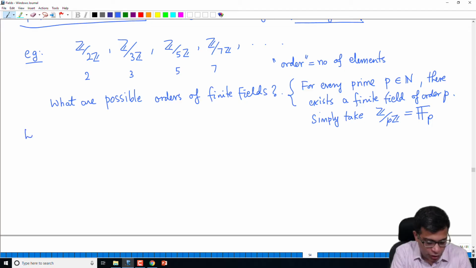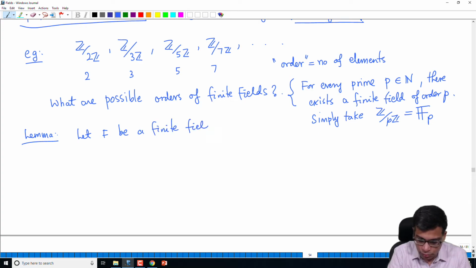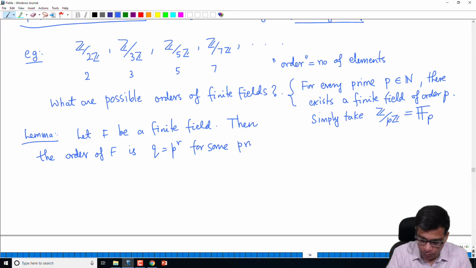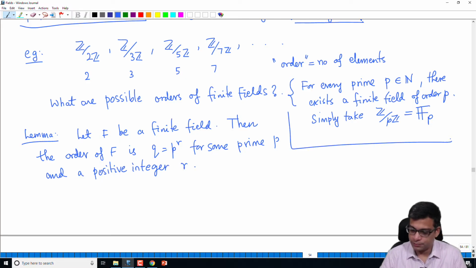On the other hand, I will prove a small lemma here, which says that if F is a finite field, then the order of F is q, which is P power R for some prime integer P and a positive integer R. So the lemma says that if F is a finite field, then its order is a power of a prime number.